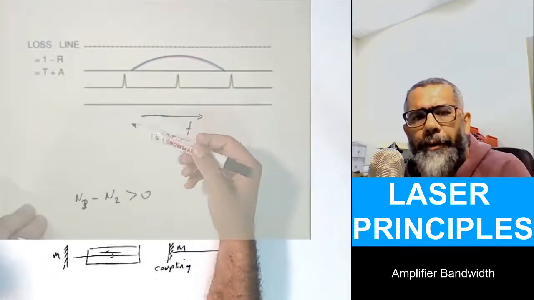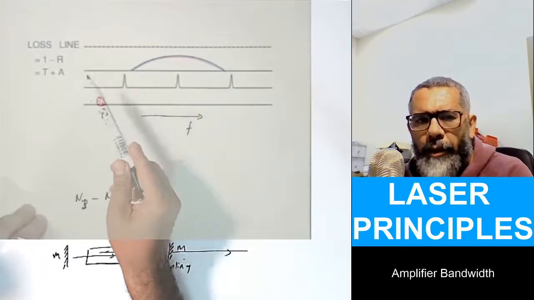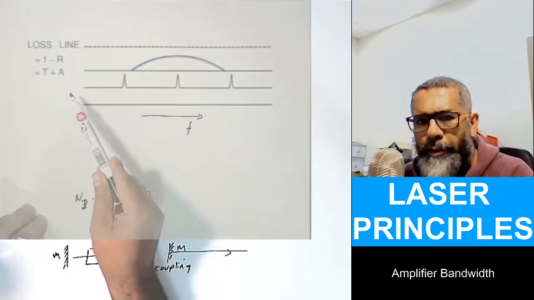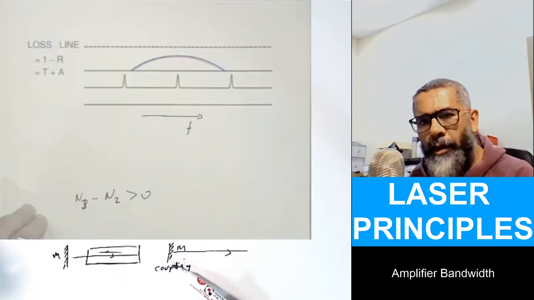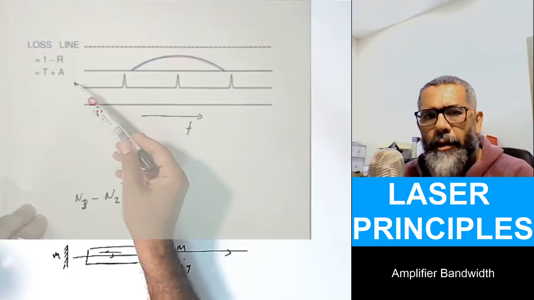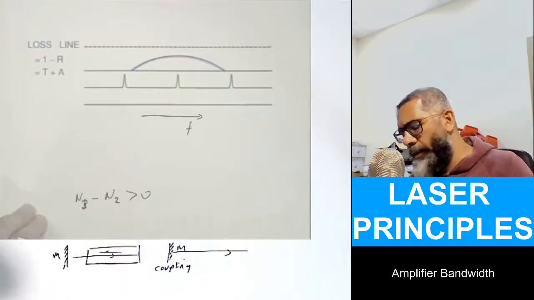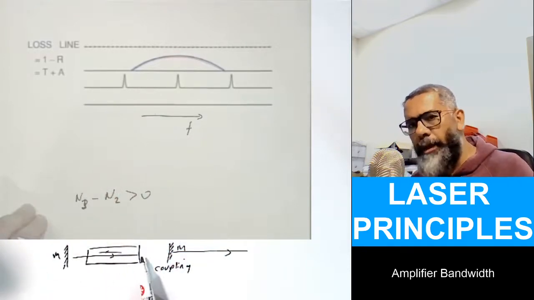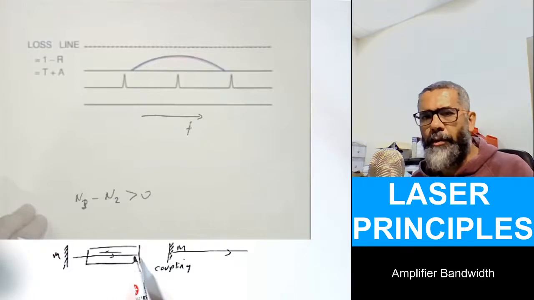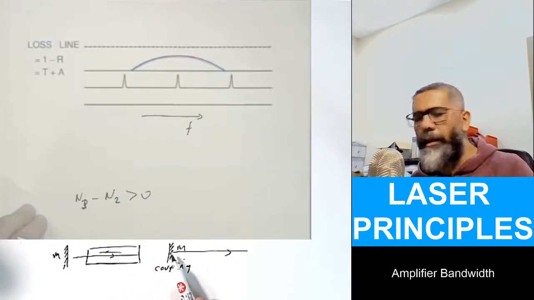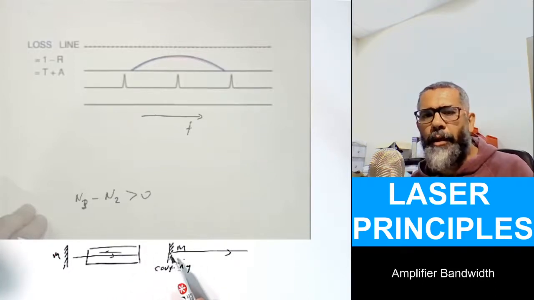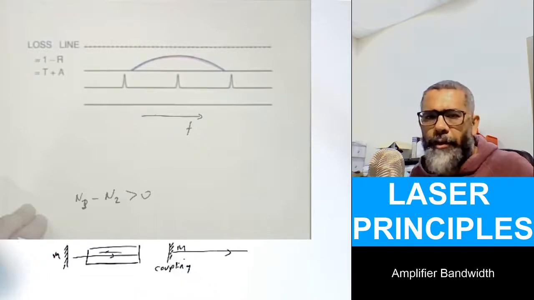So theoretically, this loss is equal to the transmission through this mirror, plus, you see over here the letter A, the capital A, representing the absorbance. Of course, this is the case that some of the light can get absorbed by the medium also, or even some of the light can be absorbed by the mirror.